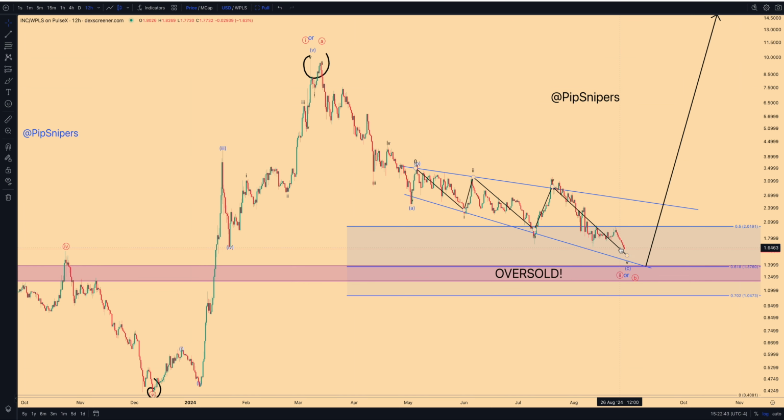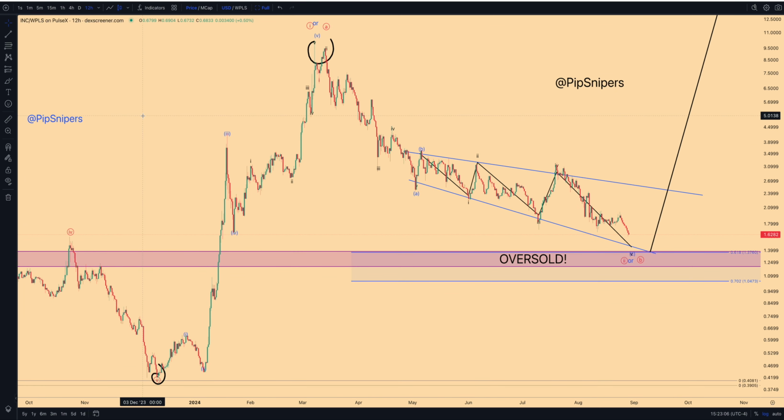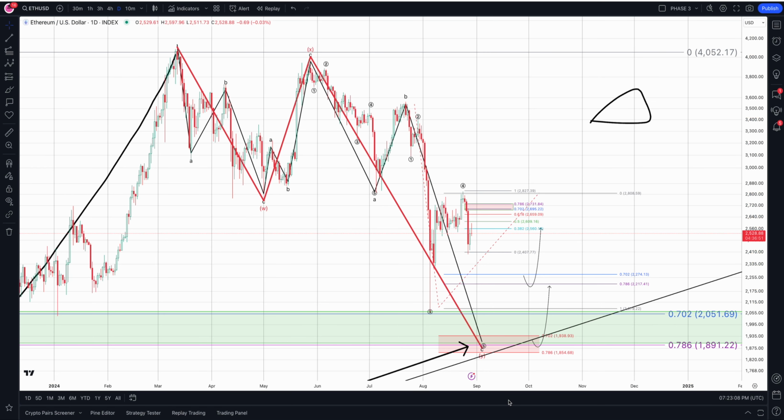And now we're below it. So it would make sense for us to come down to the next fib at the 618 sitting at $1.37. And if we lose $1.37, then it would likely come down towards the 70.2% fib at $1.04 and then see a nice pop up from there. Okay, so the whole ecosystem looks like it's bottoming out, and the reason for that is because we see that Ethereum is very close to bottoming out.